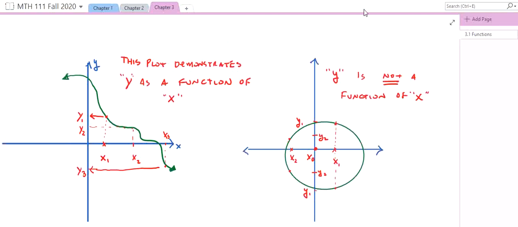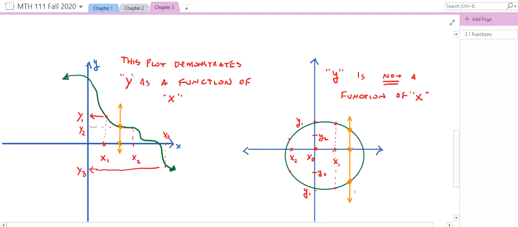Now one quick way to determine this is what we call the vertical line test. Suppose you take a vertical line, and if you only cross the x-axis once and the plot once, then it's a function. On the other hand, if you look over here, vertical line test, I cross the x-axis once, but I cross the y-axis twice, so it's not a function.